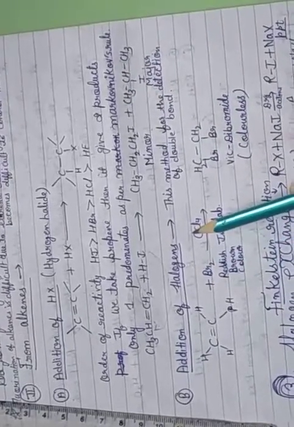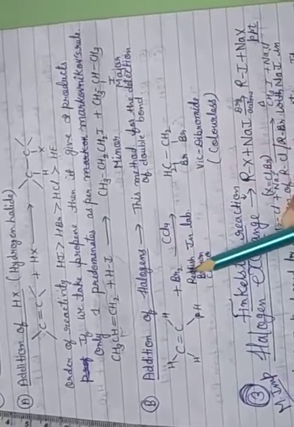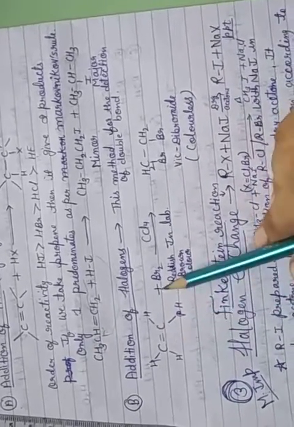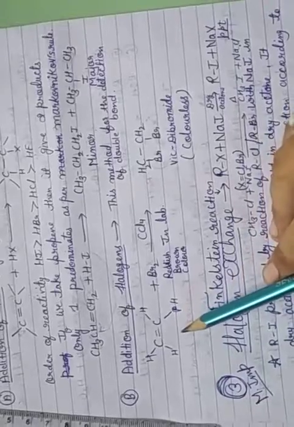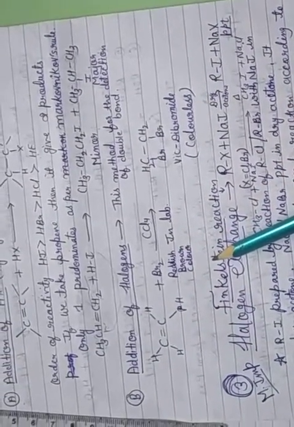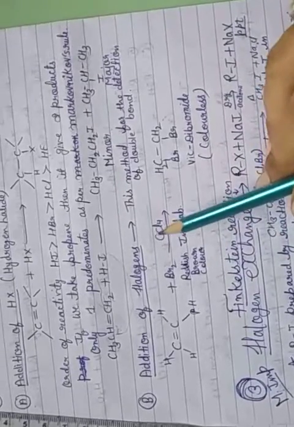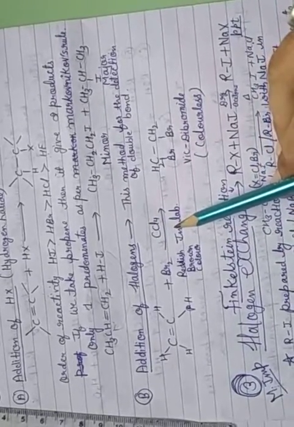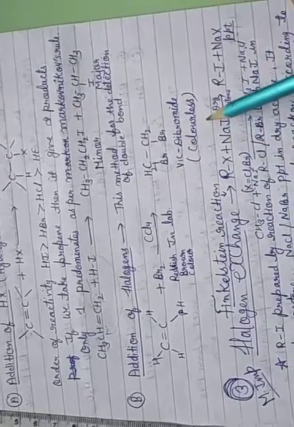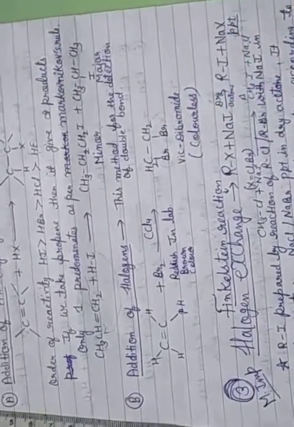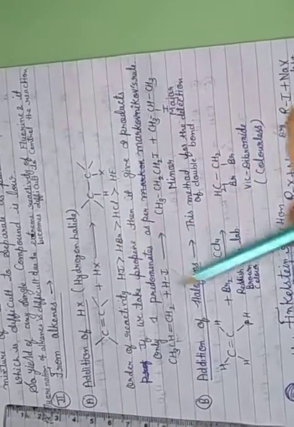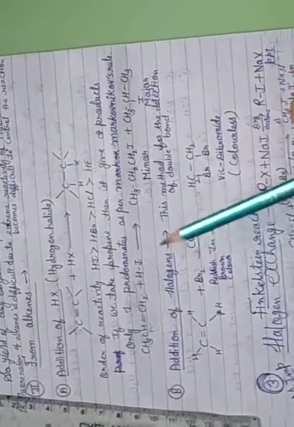Then addition of halogen, like Br2: the double bond breaks and Br attaches on both sides. Reddish brown Br2 in the laboratory in carbon tetrachloride gives a vicinal dibromide, which is colorless. So from alkenes: addition of hydrogen halide and addition of halogens.